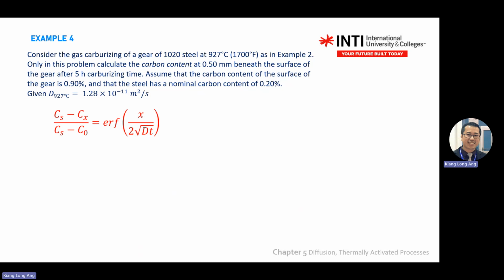In example 3 you have this value; in this example you have this value.